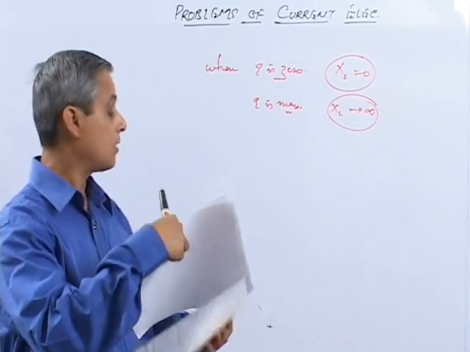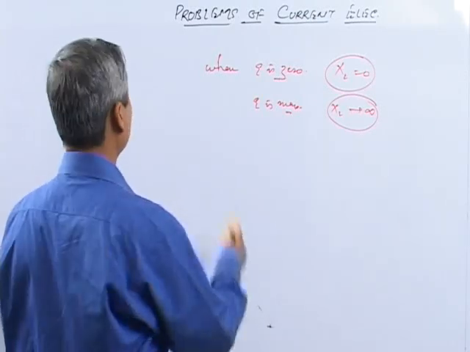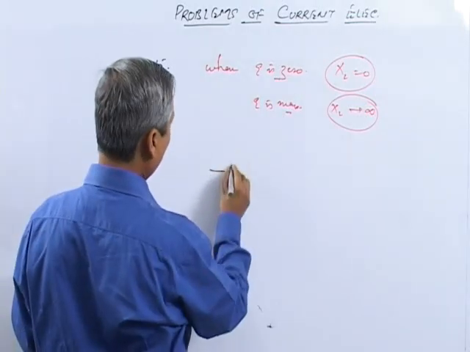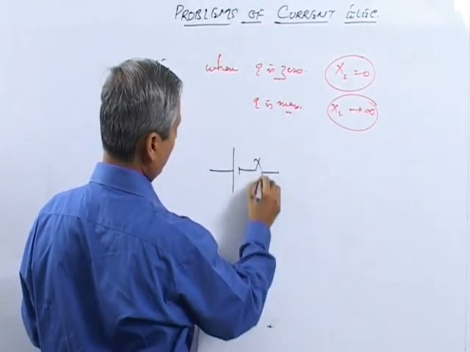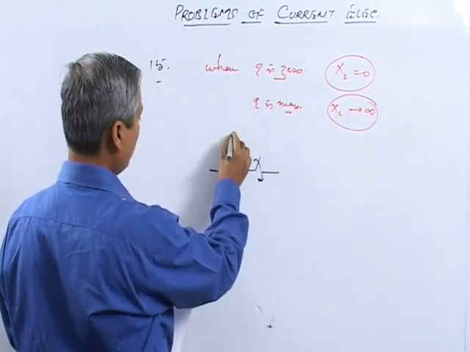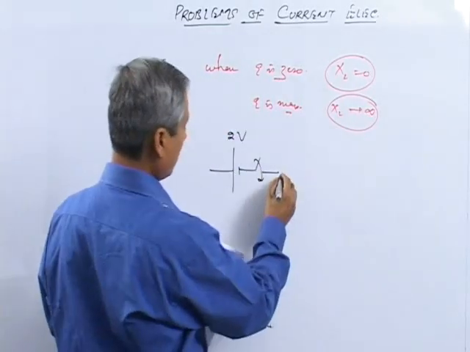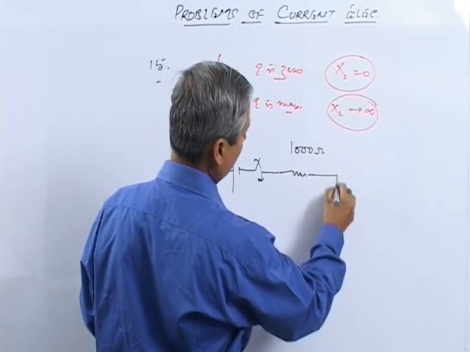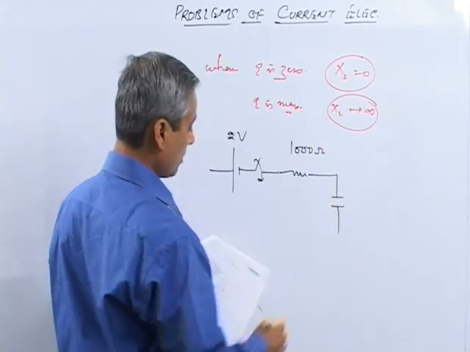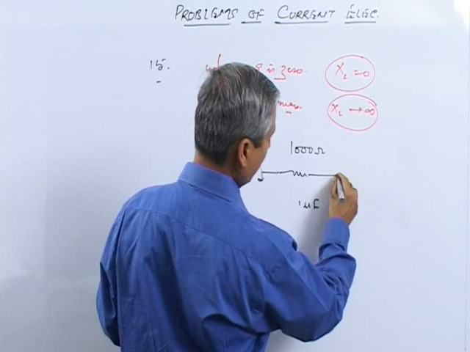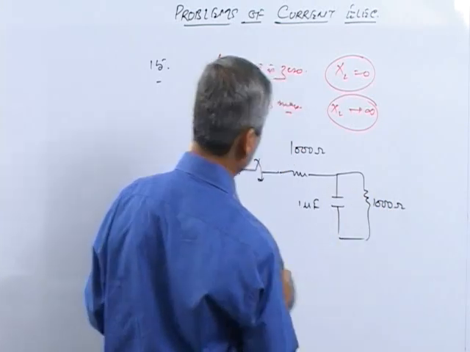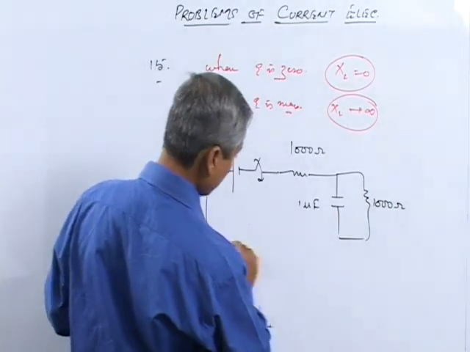we have a capacitor connected to a 2 volt cell, and the switch is made on at t equal to 0. It is a 2 volt cell, then a 1000 ohm resistance, a capacitor of 1 microfarad, let us say, and in parallel with this we have again a 1000 ohm resistance, and then like this.